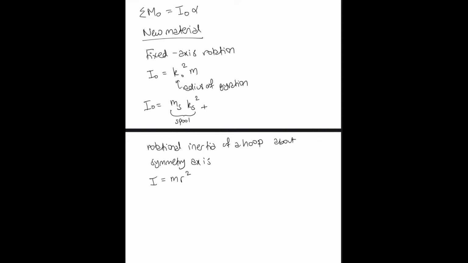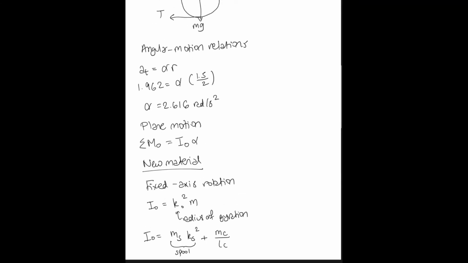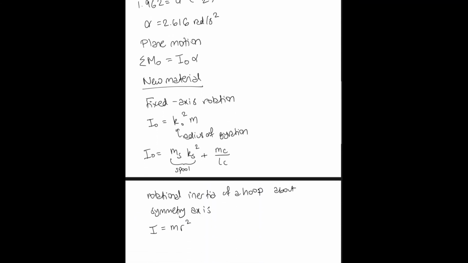Pretty simple, right? But to find the mass, we're going to have to find the length because we've got the mass per length. So it's going to be mc over lc. And to find the length, it's going to be the number of turns, nc, multiplied by pi dc for the circumference.